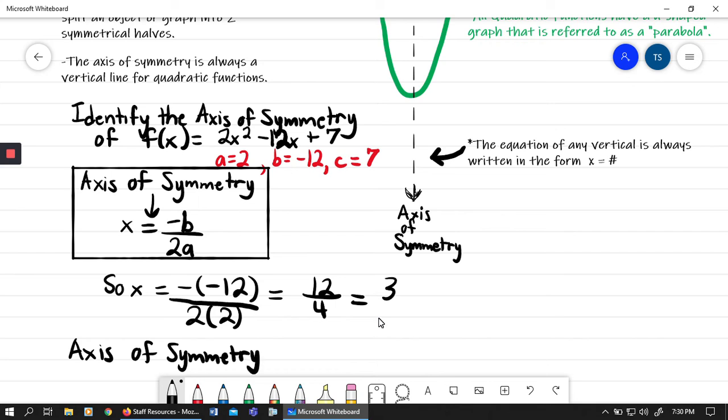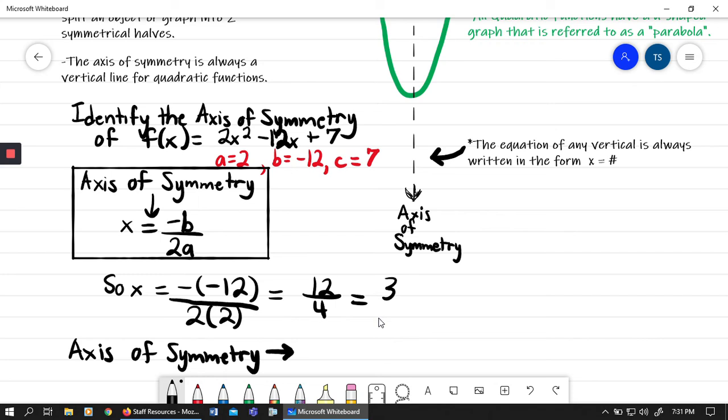If you just put a number for the axis of symmetry, you are so wrong. Whether it's on Delta Math, on any other type of assignment, or on your final exam, you are so wrong if you just put a number. You have to put an equation as the axis of symmetry, because we are talking about a vertical line when we're doing a quadratic function.